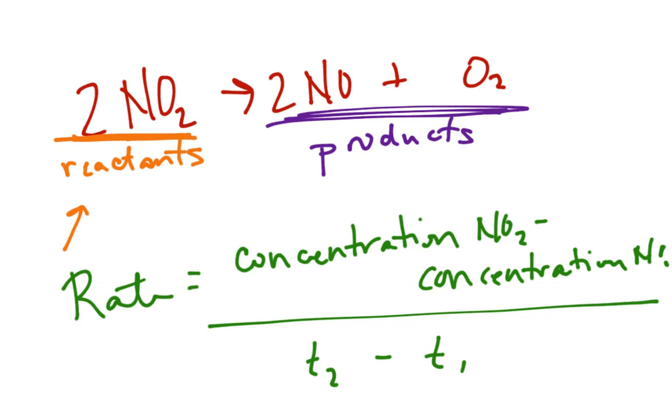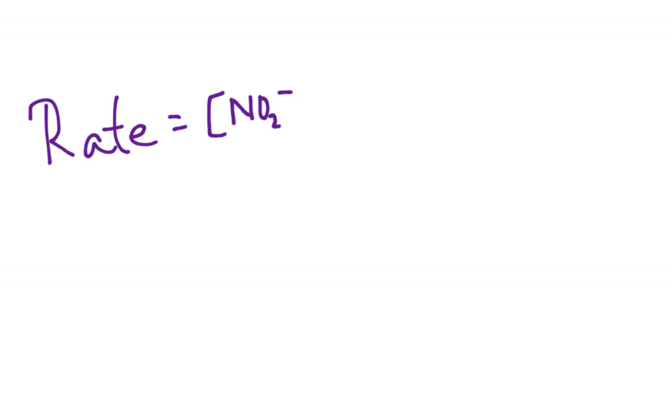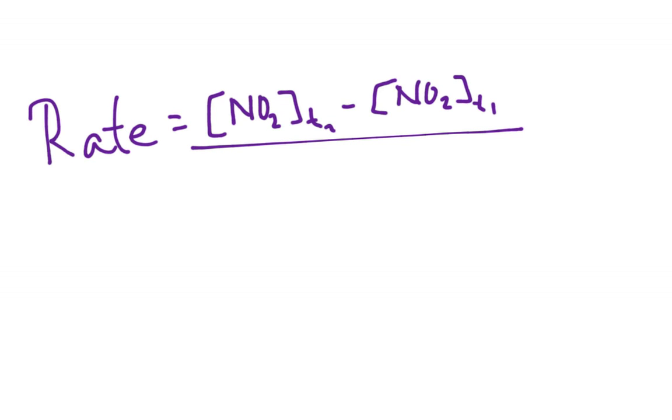All right? When we write this, because that was really, really hard to write out, we can shorten it a whole bunch. First off, we can say that concentration, we're just going to use these brackets for. So the concentration of NO2 at T2, at whatever time we end at, minus the concentration of my reactant at whatever time I start at, over the amount of time that's gone by.